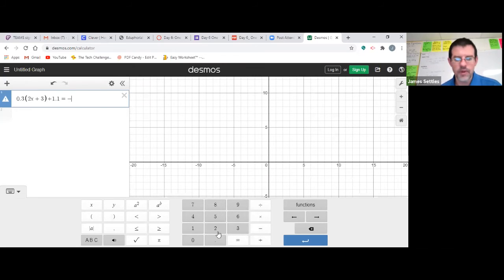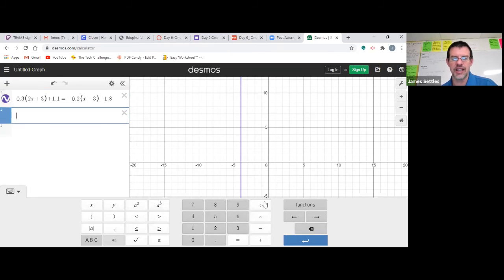Minus 0.2x. Nope, I typed it in wrong. Parentheses and then x. Minus 3, minus 1.8. And so here we've got this huge equation and we hit enter and it gives us the answer right there.